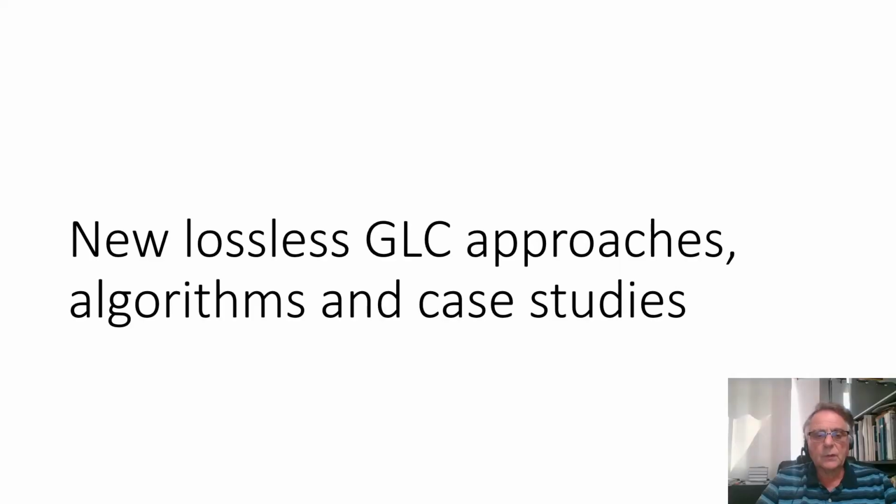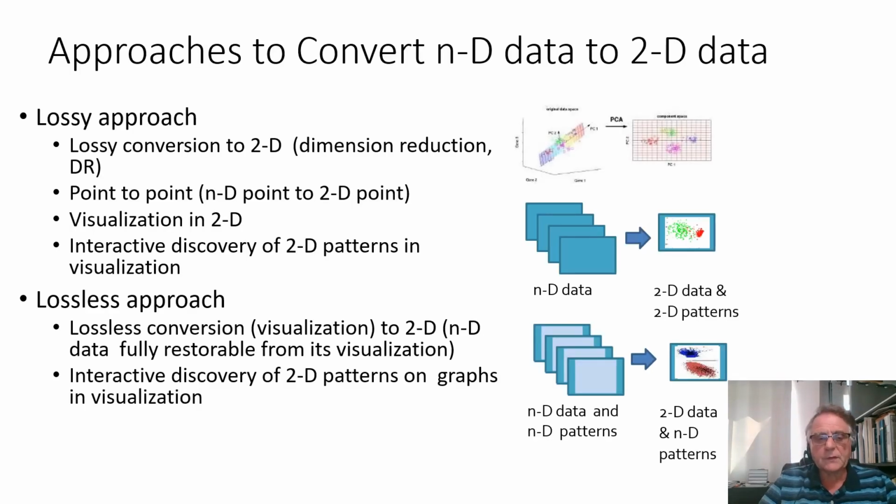Now we will talk about new lossless generalized coordinate approaches, algorithms, and case studies. We have two fundamentally different approaches, lossless and lossy. In the lossy approaches, like we already talked about, we use point-to-point mapping, n-dimensional point to two-dimensional point, or n-dimensional to three-dimensional points, and then interactive discovery of 2D patterns in the visualization.